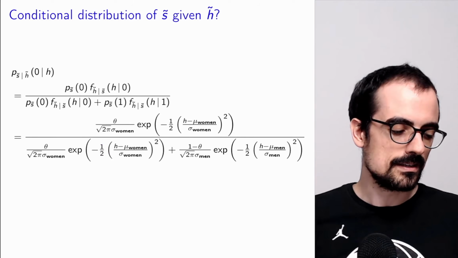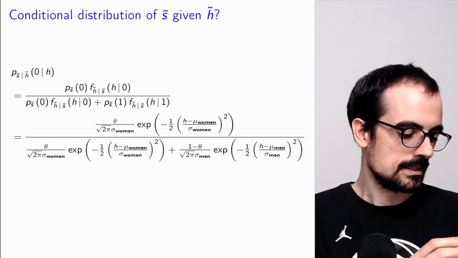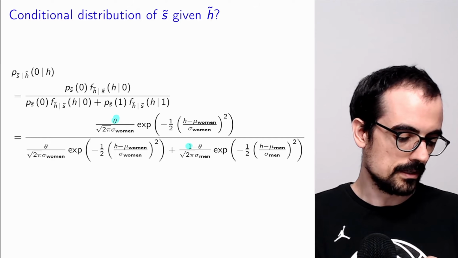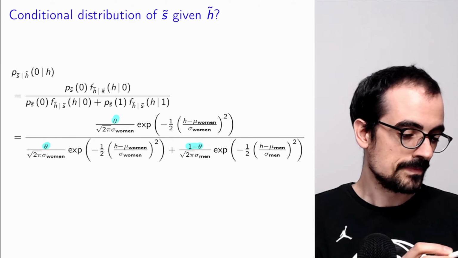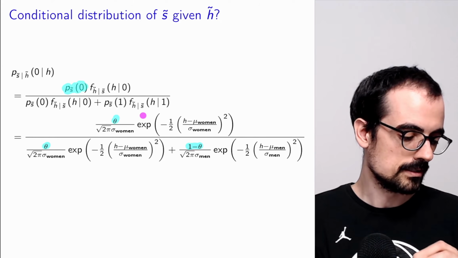So when we plug in the formulas, this is the probability of being a woman, this is the probability of being a man, and then the rest are the conditionals. I'm going to color code this so that you see this clearly.